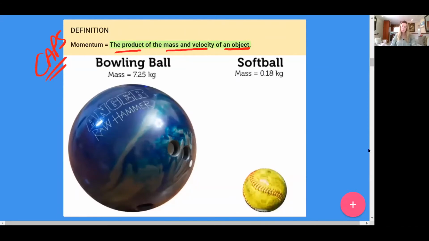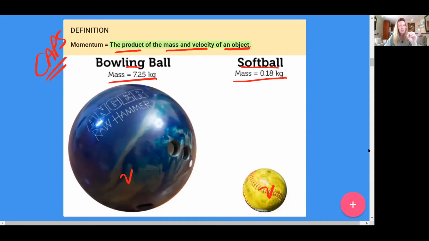I would like you to just have a look at two objects, a bowling ball and a softball, both moving at the same velocity. Which one would you think will have the greater momentum? Obviously the bowling ball, because it has a much greater mass than the softball, and it would be much more difficult to stop.